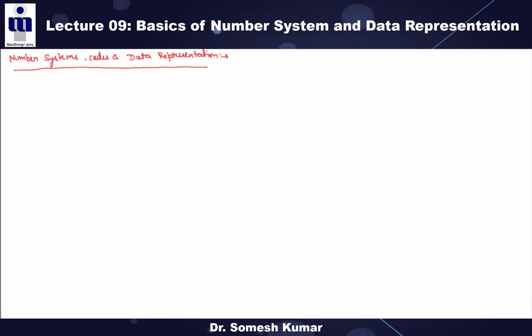So you all know there are only two types of numbers, positive numbers or negative numbers, right?